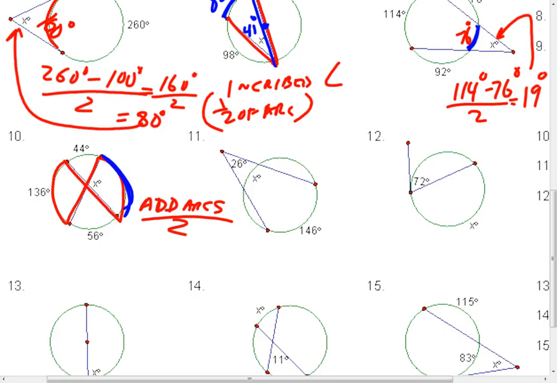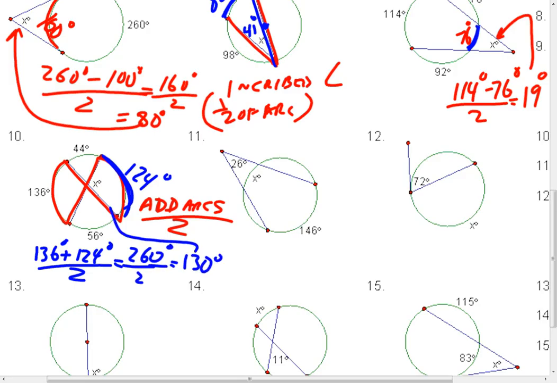What's left for that little blue arc section? 124? Now I can focus on those two, 136, 124 divided by 2. That is 260 divided by 2. 130 is that angle. Anybody do it a different way?